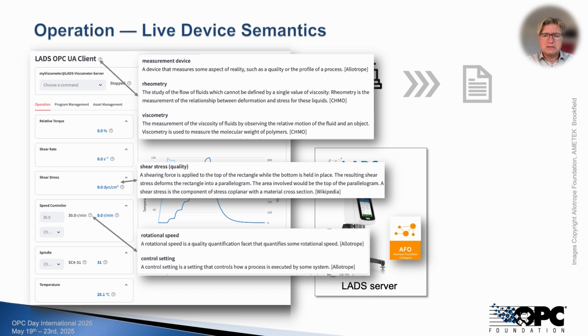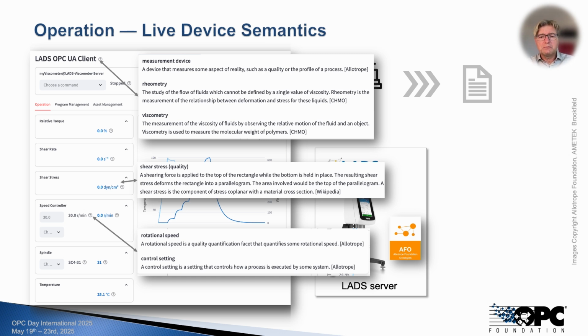What's important to note is, this browser doesn't know what viscosity is or how a rheometer works. It just understands OPC UA, Let's, and how to follow semantic links to Allotrope Foundation ontologies. That's semantic plug and play in action. That's real-time monitoring, semantically contextualized and fully machine readable.